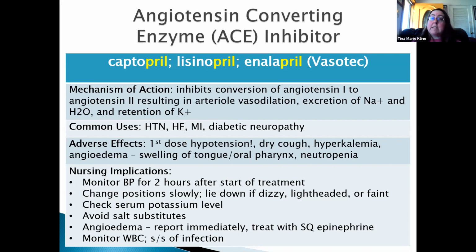I've seen different levels of angioedema. It can actually progress up into the face, the bottom part of the face, and up towards the eye as well. It's pretty serious, so you need to be watching for that. Everything that's there under nursing implications is stuff that we've talked about before. All about the potassium, all about the drop in blood pressure, keeping your patients safe.